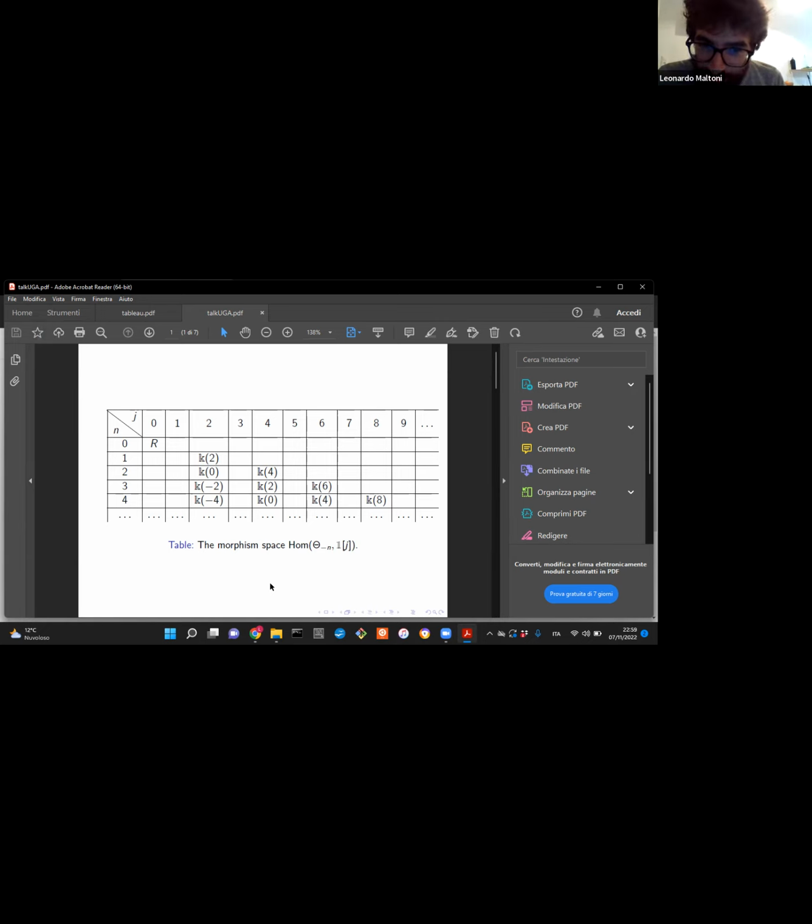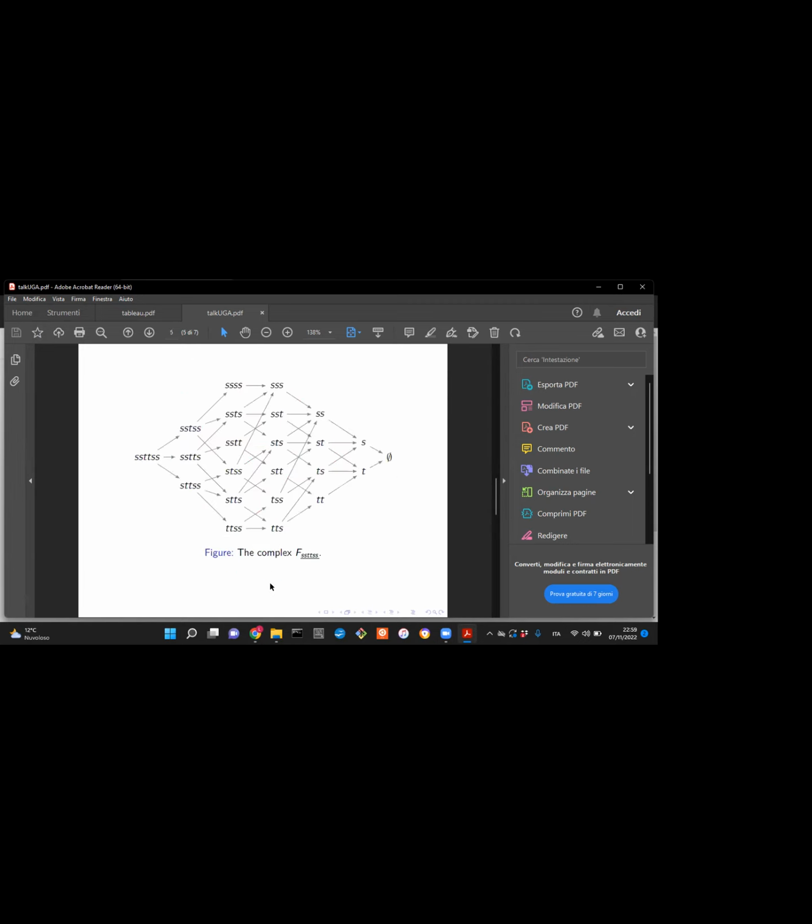Which computation, this one or the last one? For the last one, the simplification of the Rouquier complexes.